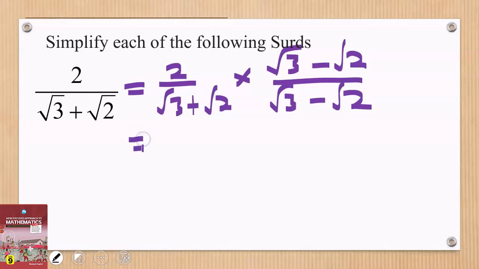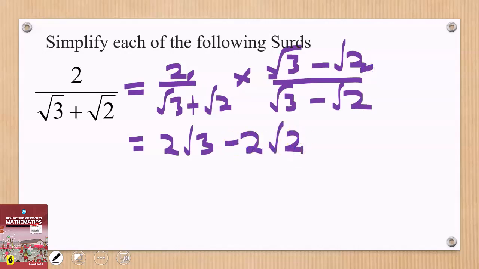Now we can simplify this by multiplying the numerators and denominators. So the numerator, the 2 is multiplying the root 3 here to give you 2 root 3, and the 2 multiplying this will also give us negative 2 root 2, all divided by, now if you look at the denominator side, you can see difference of 2 squares here.